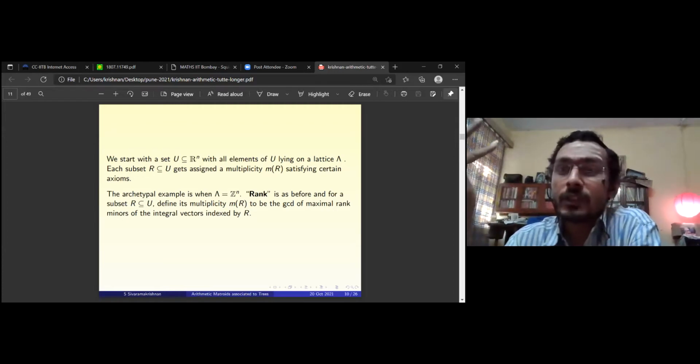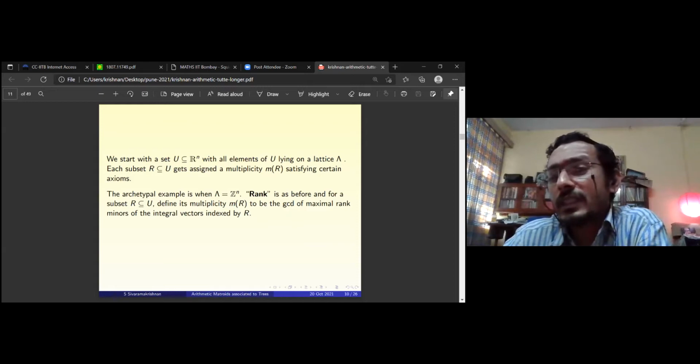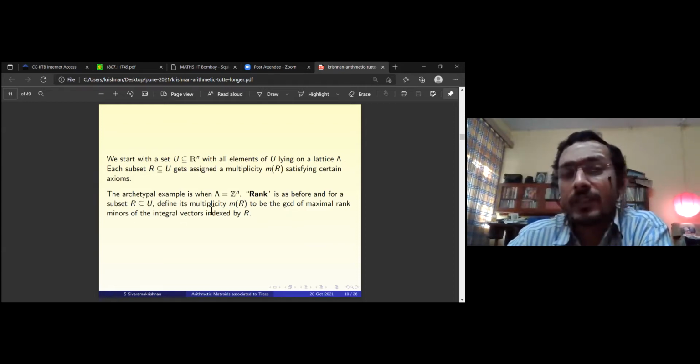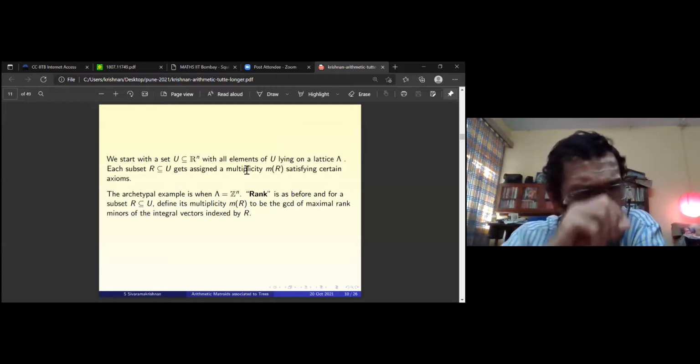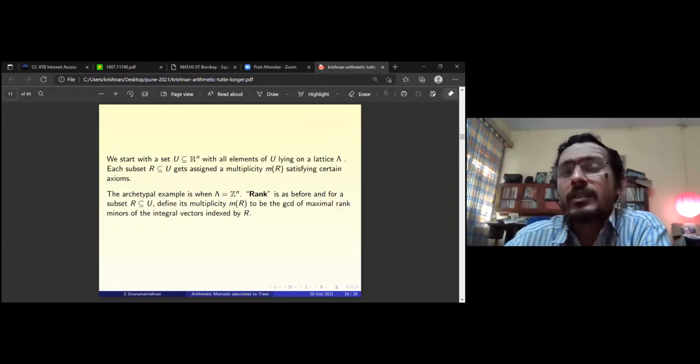All of them coincide. Just like that, we have this GCD of maximal rank minors of the integral vectors. That GCD is a good candidate for this multiplicity, which is an attribute associated to every sublist of vectors that we start out with.